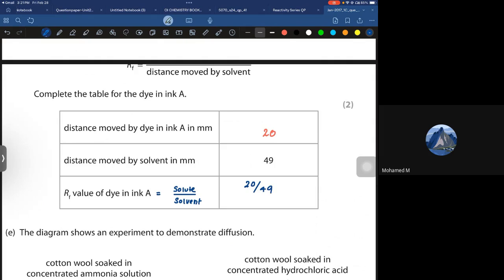So can you divide it? 20 over 49. It's 0.4. Yes, that's your answer.